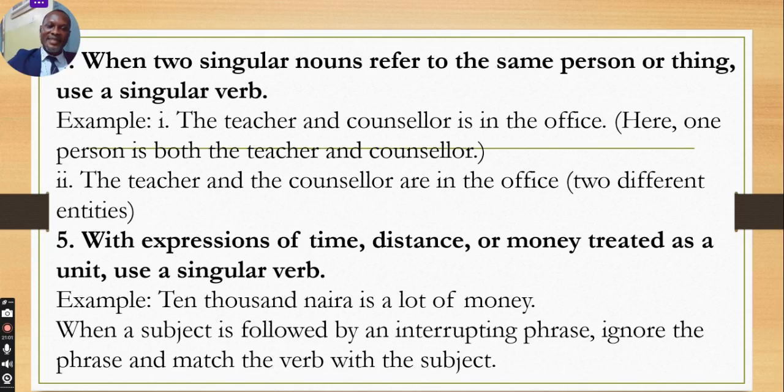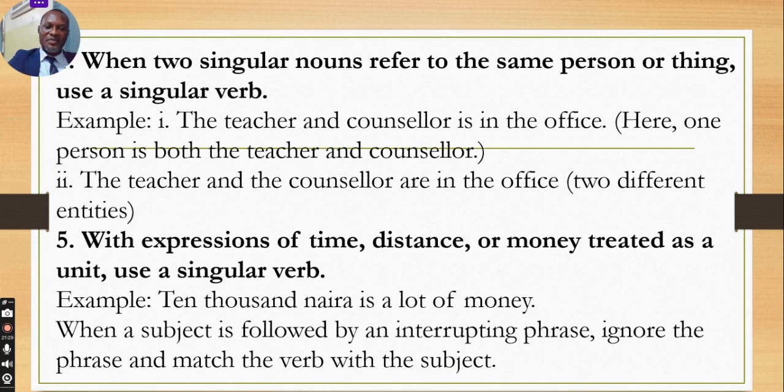You are not going to be saying 10,000 naira are a lot of money. So, money is treated as one unit or as a singular subject. 10,000 naira is a lot of money, not 10,000 naira are a lot of money. 1 million naira is too much, not 1 million naira are too much. I hope that is understood.